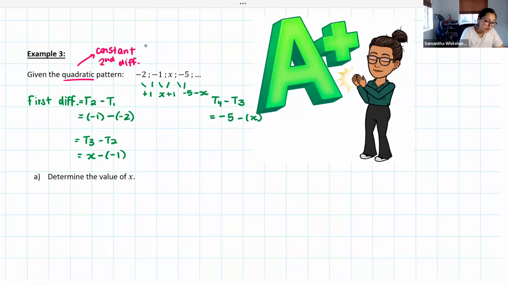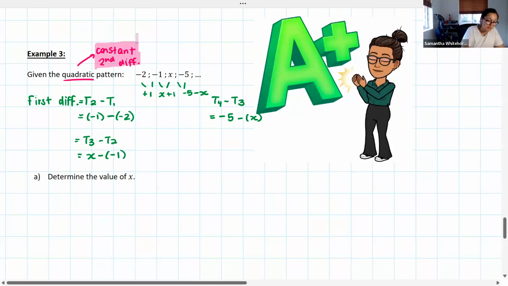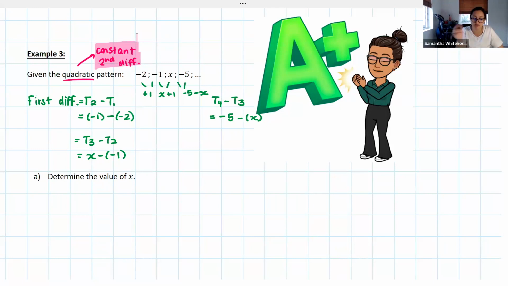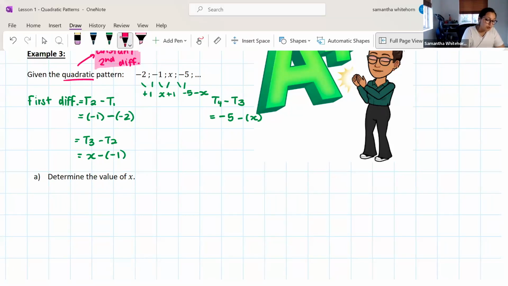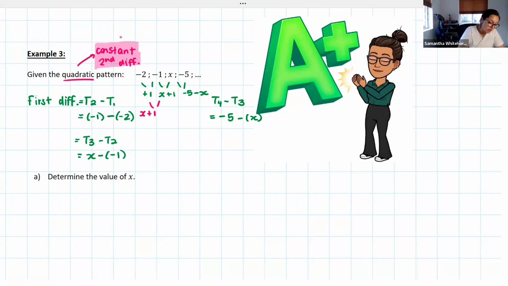The reason it's so important that we find our second differences is because of what we said here. The fact that your second difference is constant, we can use that fact to our advantage. To work out the second differences, it's the same procedure. So our second difference here would be x plus 1 minus 1. If you want to put in the brackets, that's fine. Let's do that a bit neater.